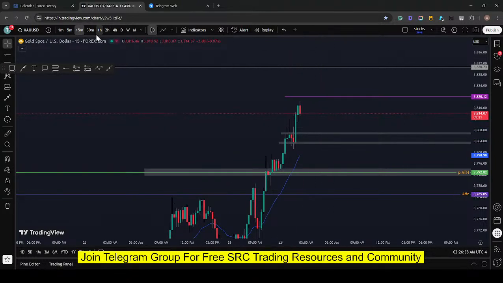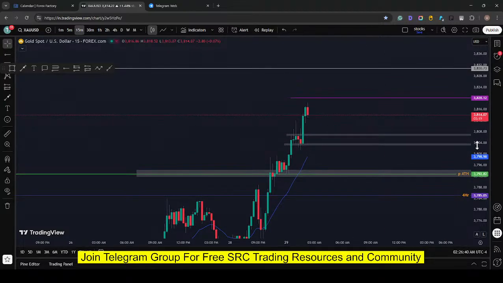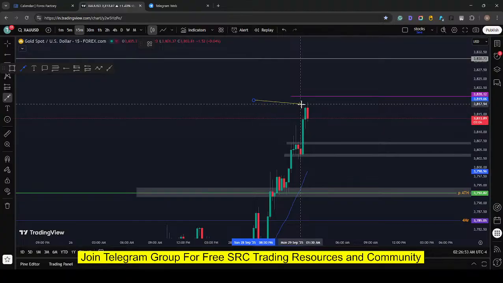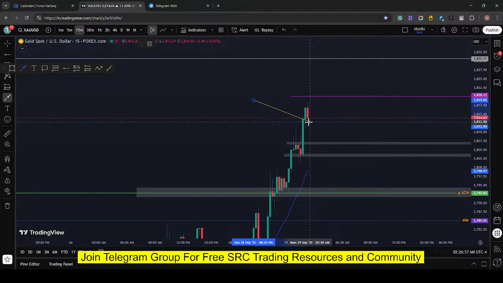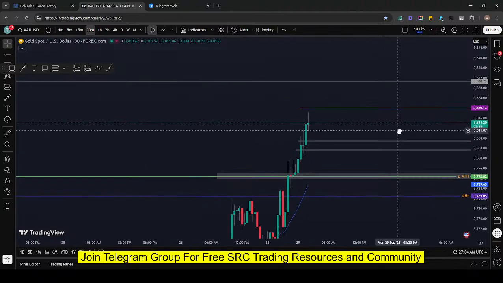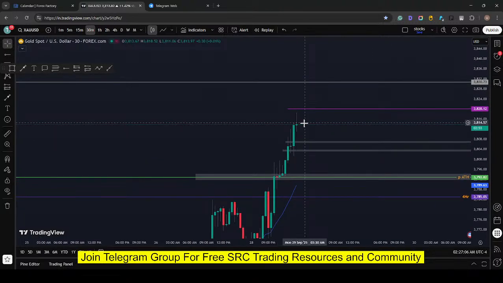So yeah, let's wait. When this candle went with no top wick, right, I was cautious at that time because it may happen that the candle goes up, creates a wick and flips back. That is happening. So the 30 minute candle is closing as a rejection candle.